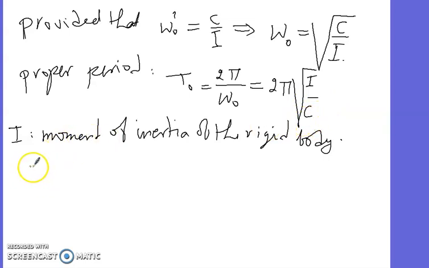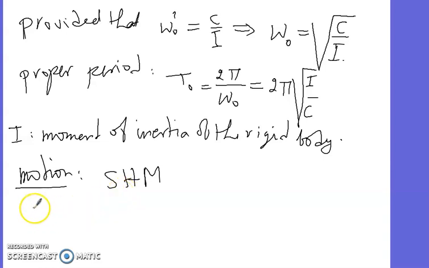So what is the motion here? Motion, as you see, is simple harmonic motion. This is the nature of motion. Clear? Why? Because the differential equation is of the form y double prime plus omega 0 squared y equal to 0. And what is the solution of this equation?